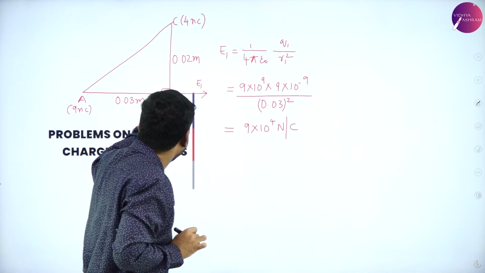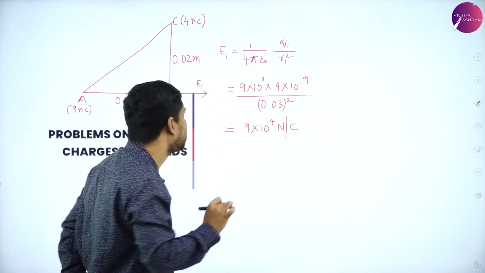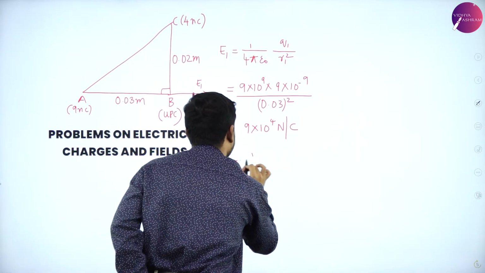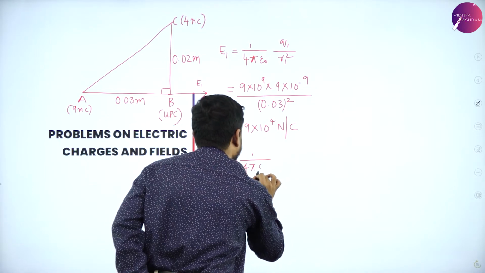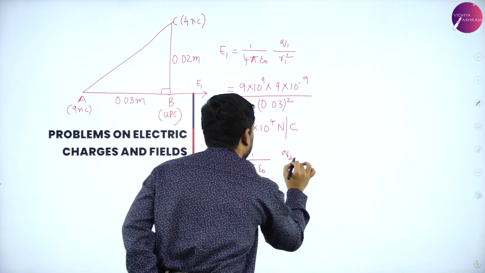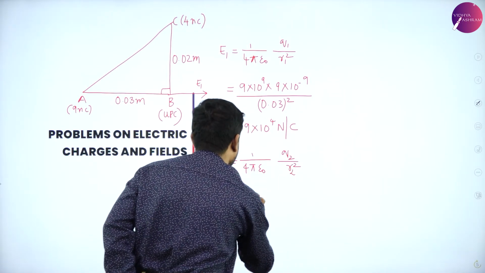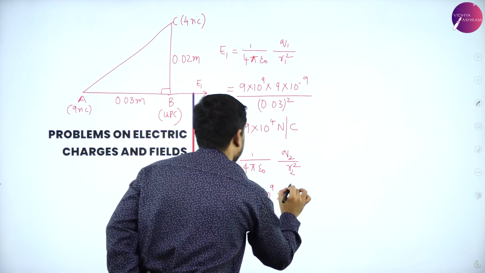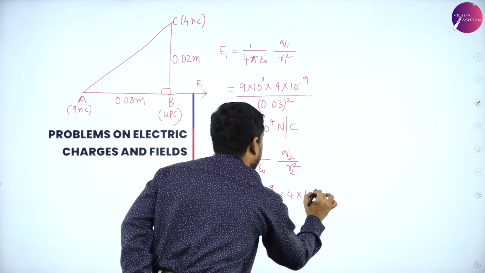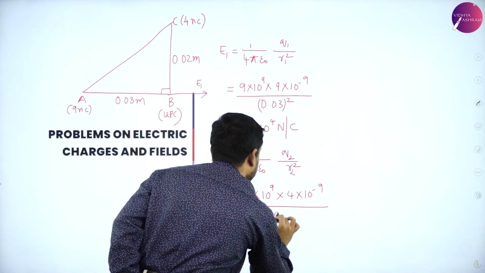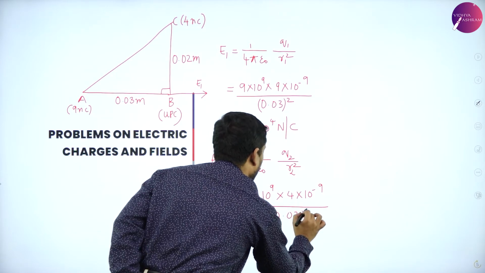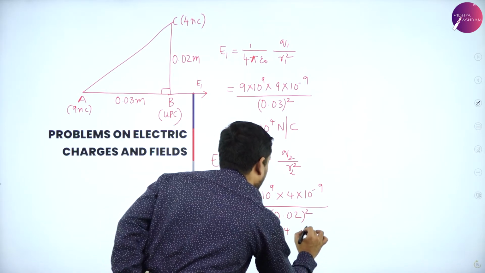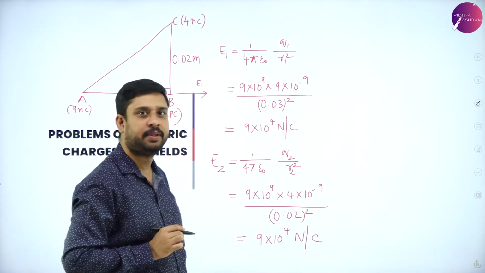Similarly, field at B due to the charge at C, E2 equals 1 by 4 pi epsilon naught, Q2 by R2 whole square, 9 into 10 power 9, 4 into 10 power minus 9, by 0.02 whole square, which is again 9 into 10 power 4 Newton per coulomb.